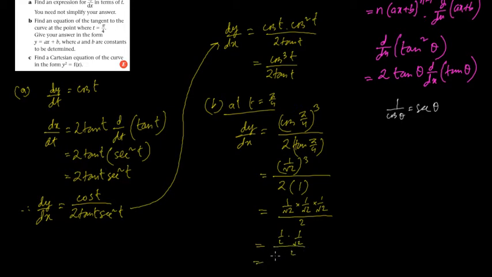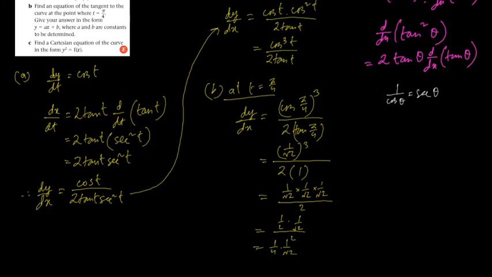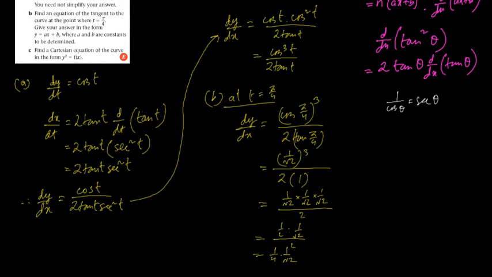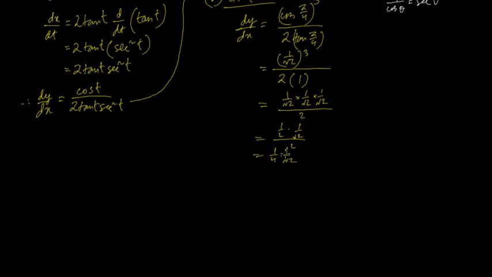So this would be 1 by 4, 2 and 2 is 4, into 1 by root 2. So we have to find the gradient of the tangent. That means the gradient of the tangent and the gradient of the curve are the same. So we write the gradient of the tangent is 1 by 4 square root 2.